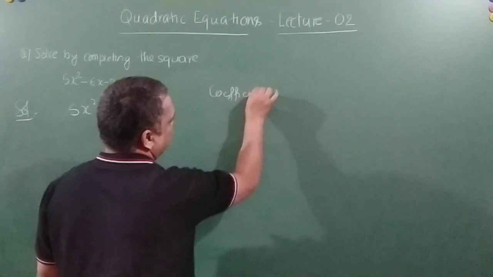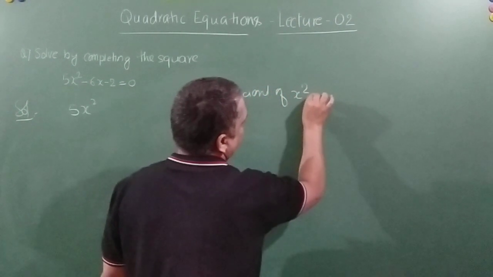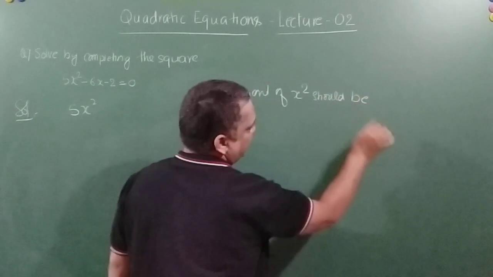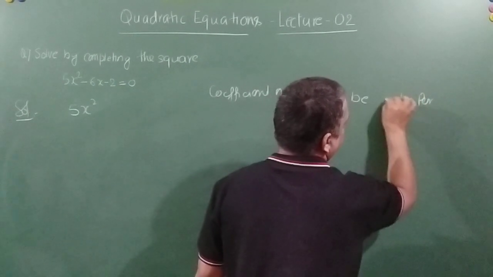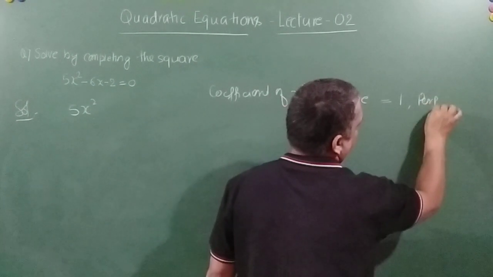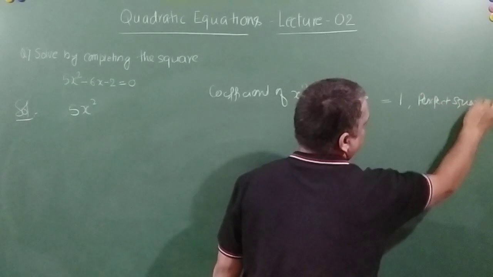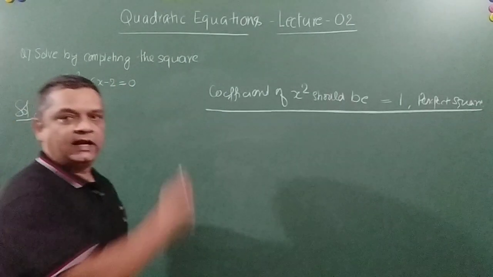Coefficient of x square should be equal to 1 or a perfect square. I have underlined it.